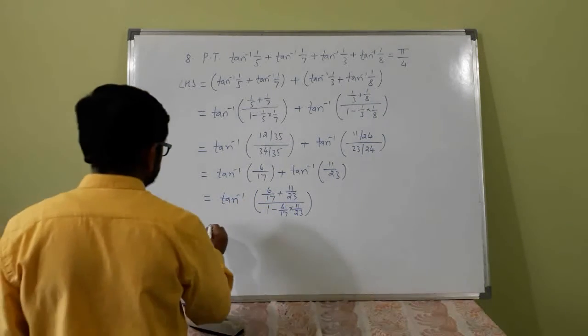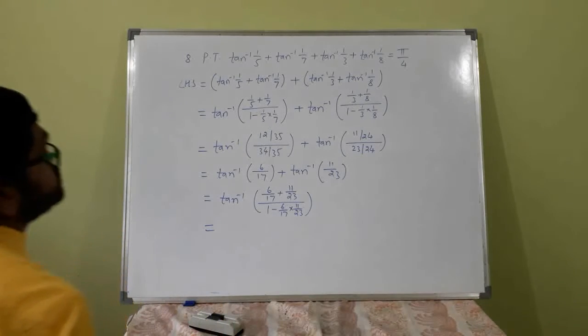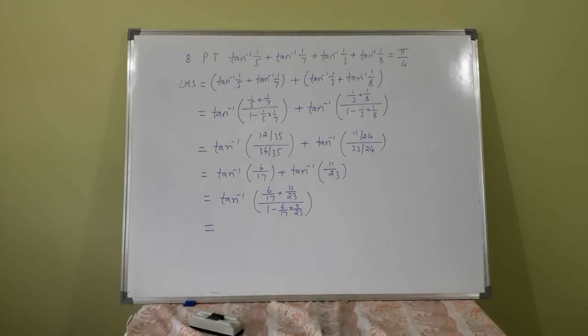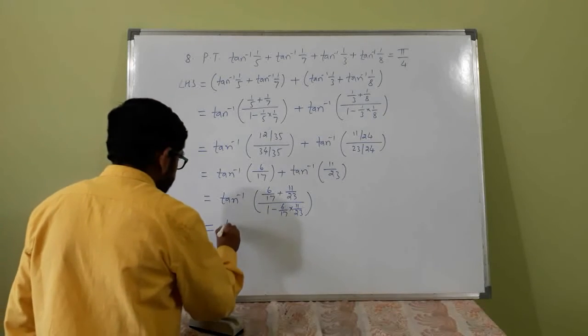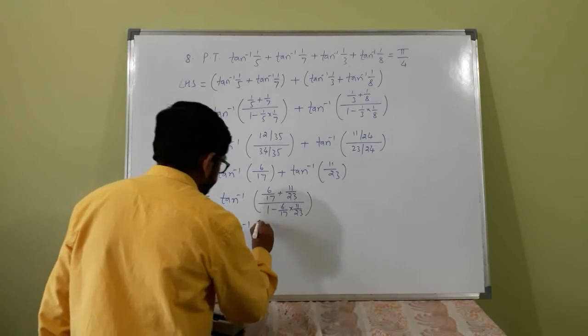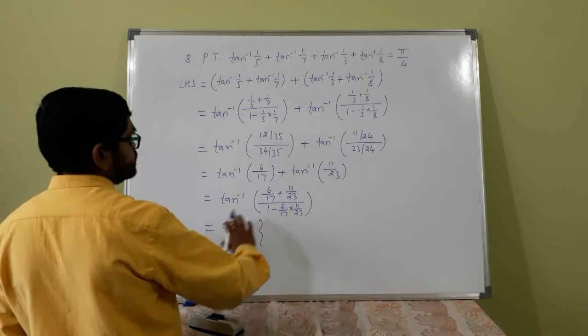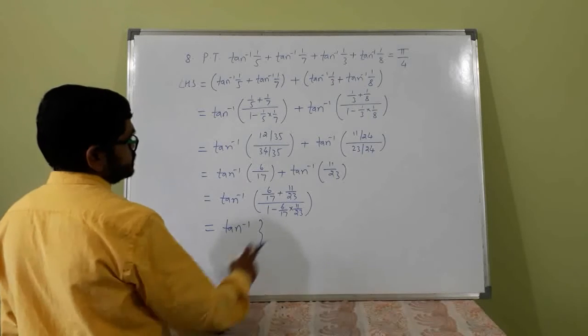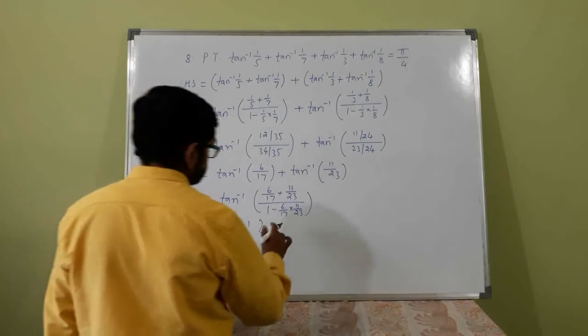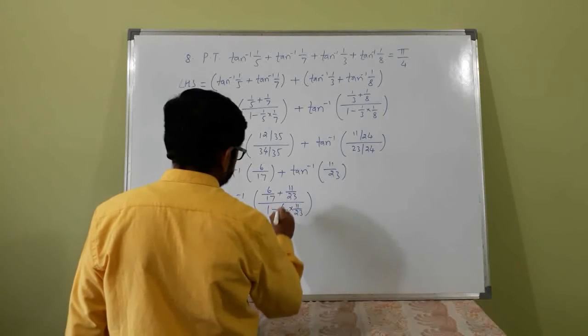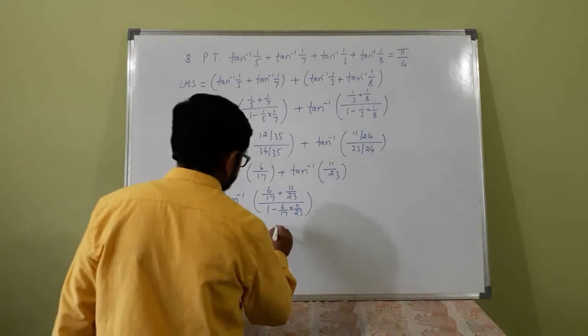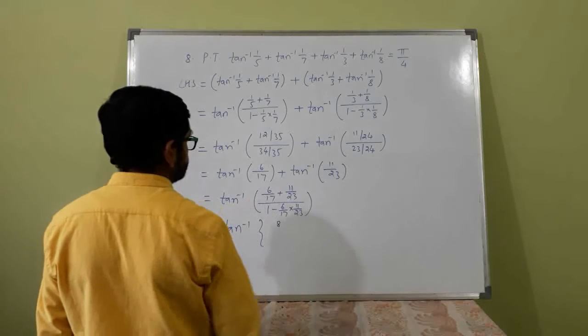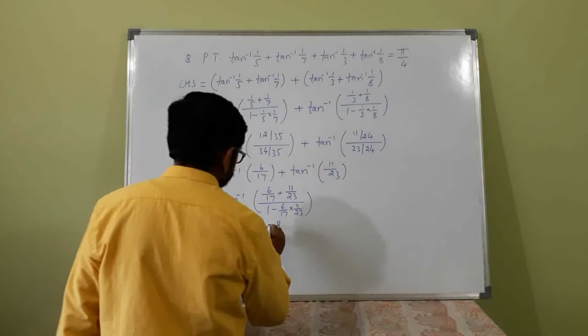If you simplify, how much will you get? Tan inverse of, you have 17 into 23 to take, and 17 into 23 gets cancelled. So 6 into 23: 6 3s are 18, 6 2s are 12 plus 1, 13.